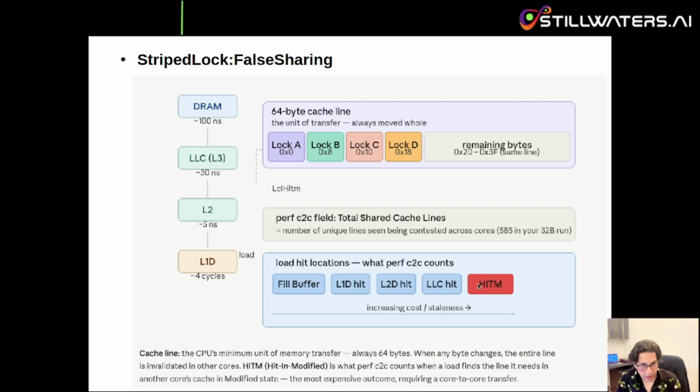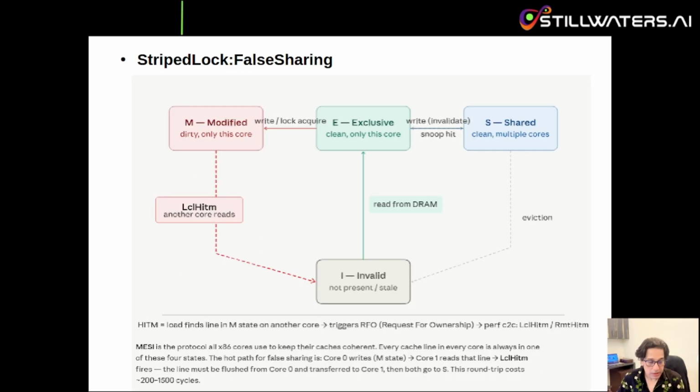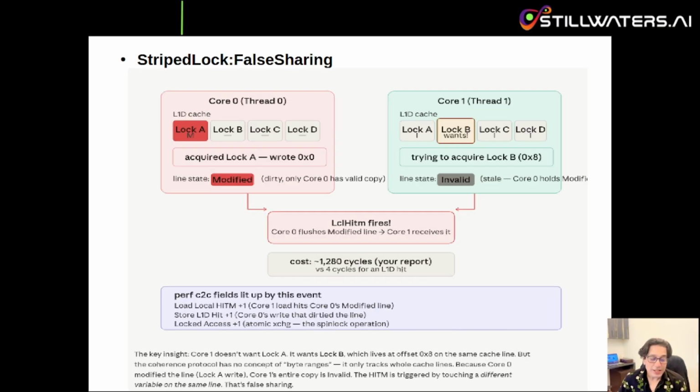Basically we are checking how many times in the course of the benchmark we hit this modified state, and each modified state is going to force cache invalidation. This is the MESI protocol I was talking about, messy with a single S.